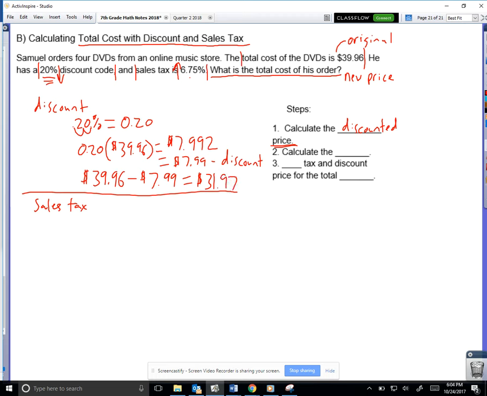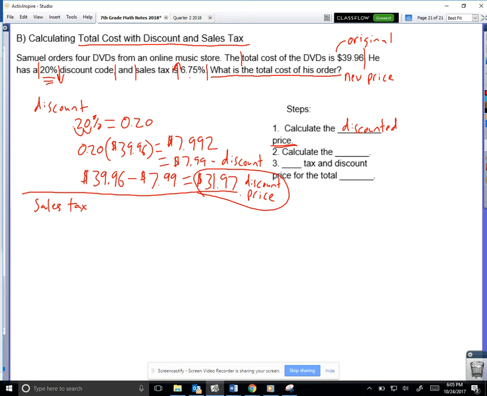Okay, so this is the discount price. $31.97. All right, that's how much he's going to pay after the discount. That's the discounted price. Okay, so we're going to need this to next calculate what our sales tax is going to be, because this is what he's going to pay, and then he's going to have to add the sales tax to that.